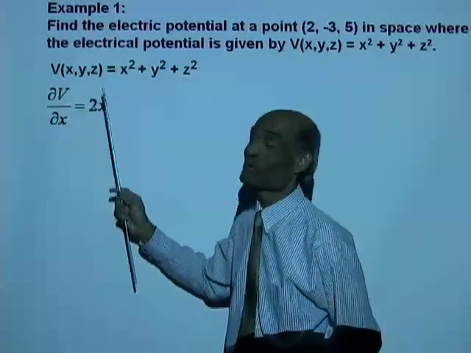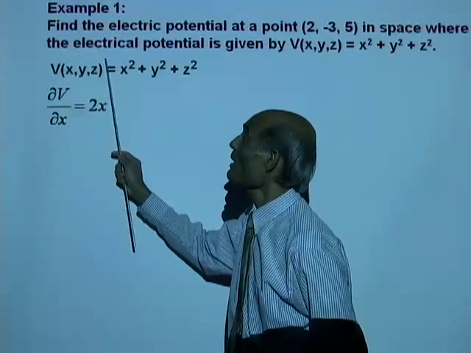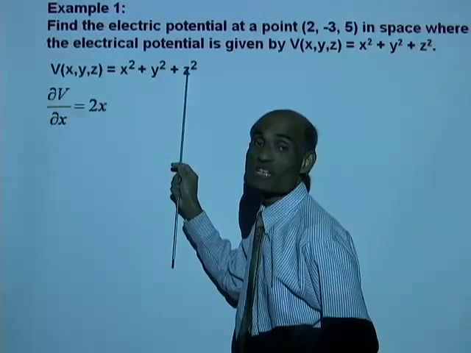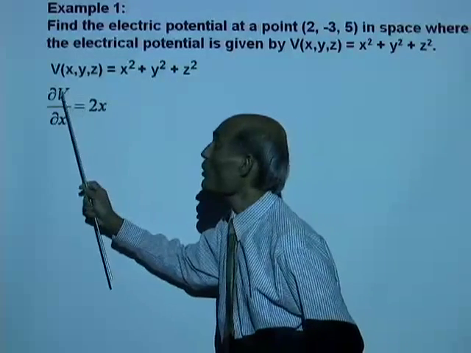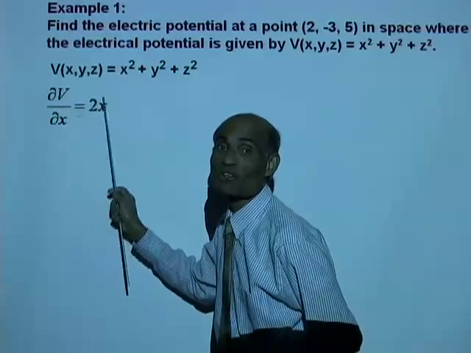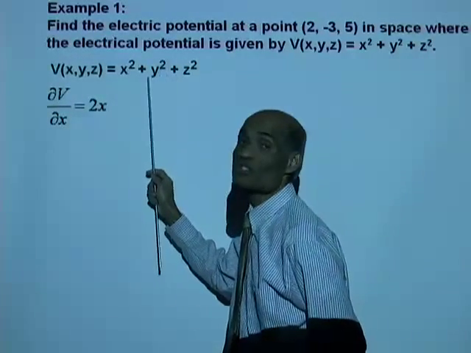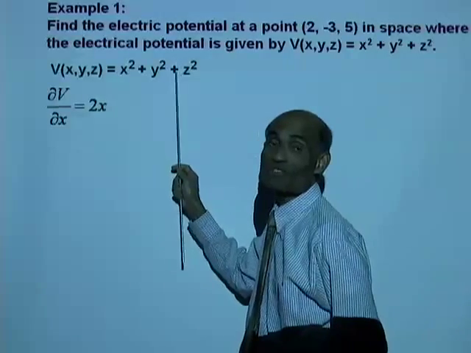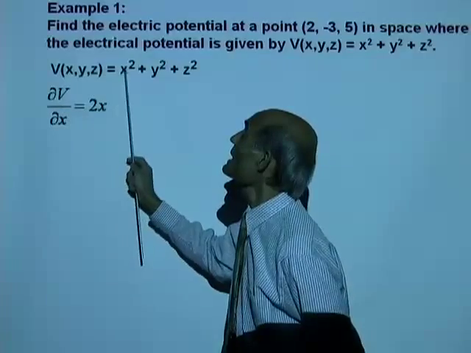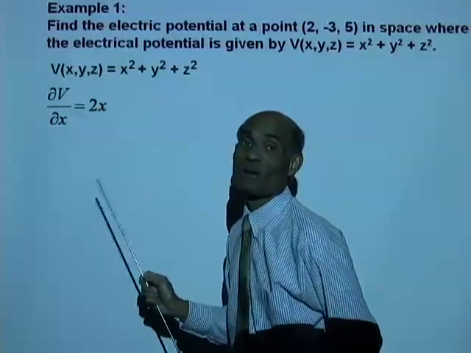That's very simple for you. Find the derivative of V with respect to x when y and z are constants. That is what we call the partial derivative of V with respect to x. When y and z are constants, the derivative of y squared and z squared will be 0. So ∂V/∂x is 2x.